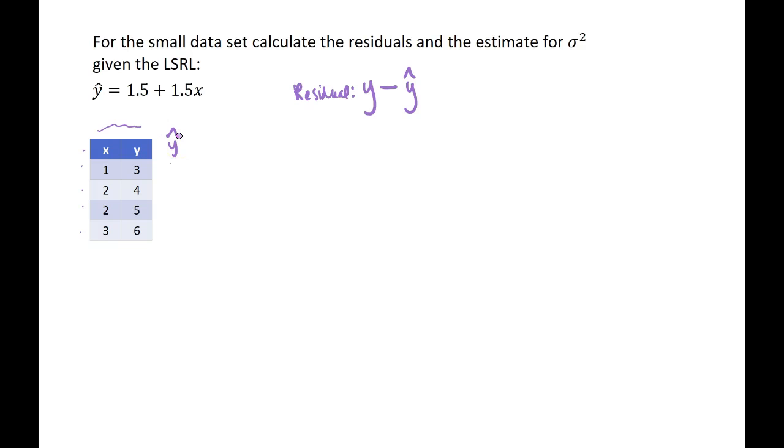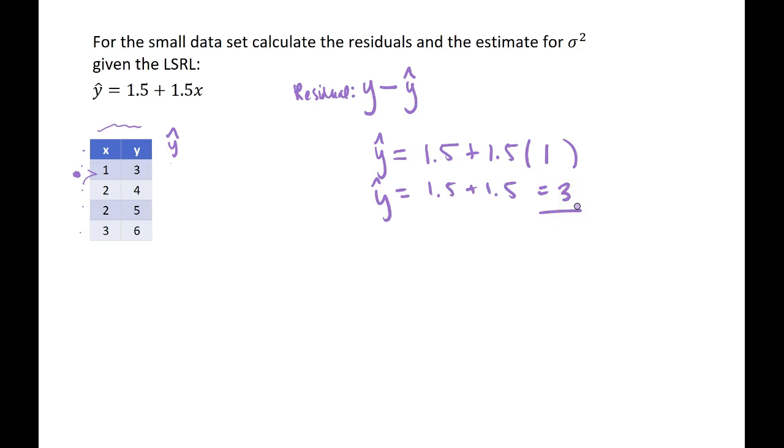So y hat is equal to 1.5 plus 1.5 times our x value. For the first observation, we plug in 1, and we get y hat equal to 1.5 plus 1.5, which is equal to 3.